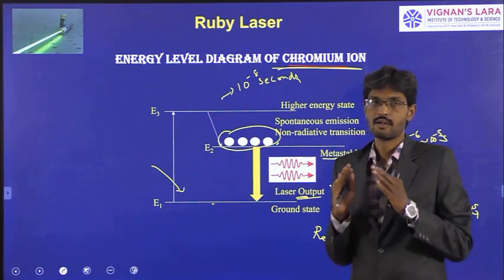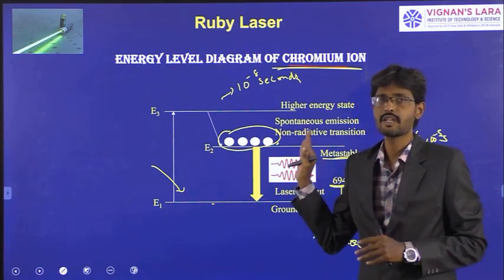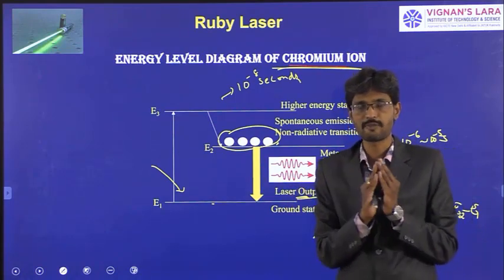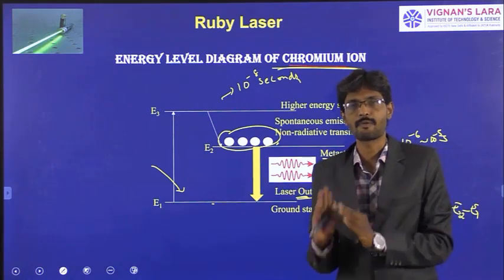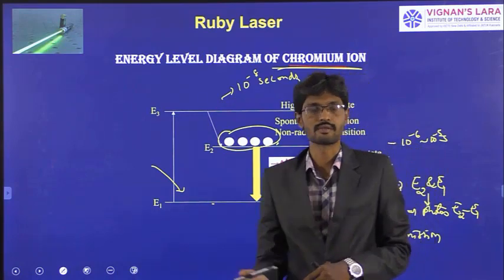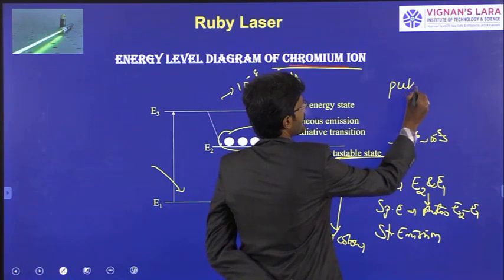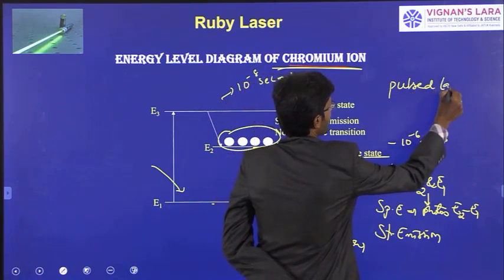That means for a certain time it stops producing laser. So it produces laser for a certain period, stops for a certain period, and again produces laser. Therefore, the output of this ruby laser is a pulsed laser.